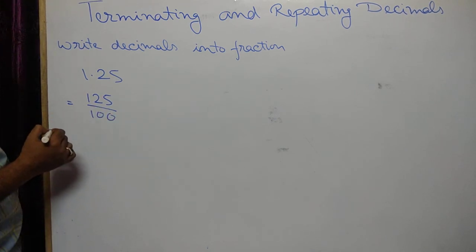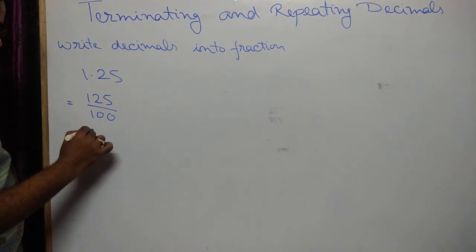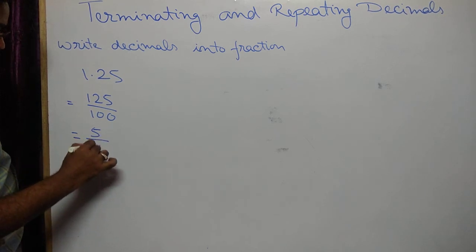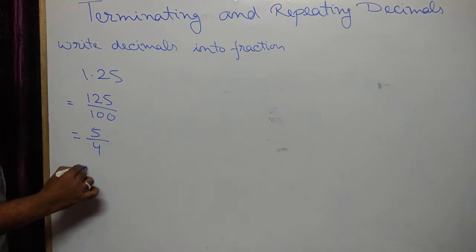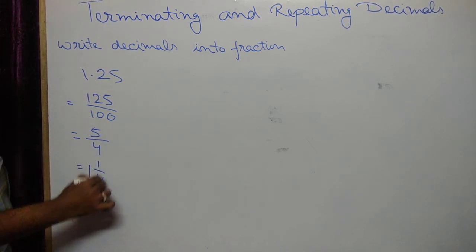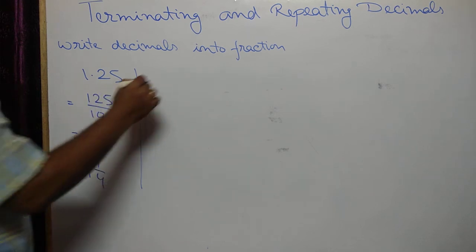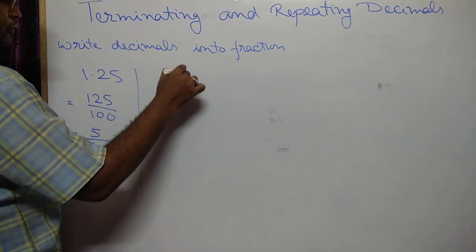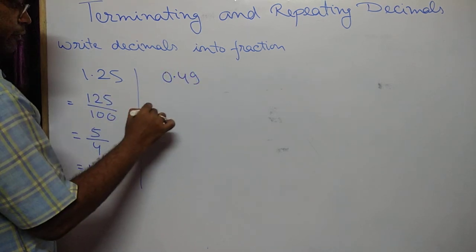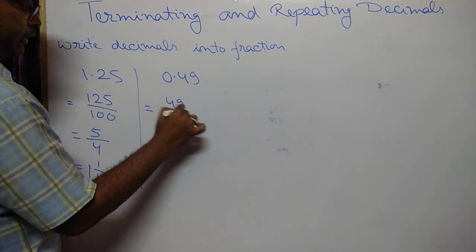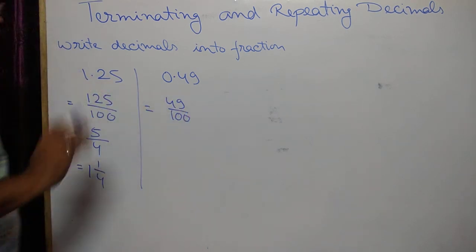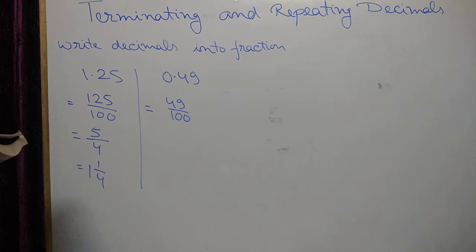Now we have to convert it. 25 5s are and 25 4s are, or we can write 1 whole 1 upon 4. This is one type of question. In another way, 0.49. How we solve? It's 49 upon 100 as it is. Clear? So you have to solve these questions by yourself.